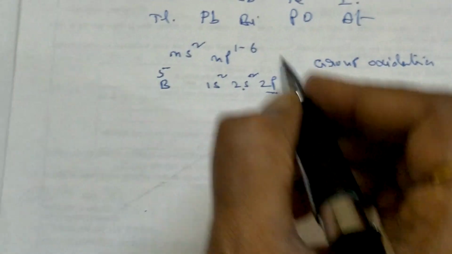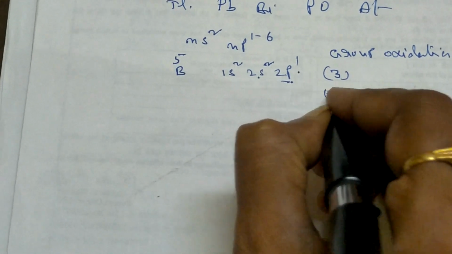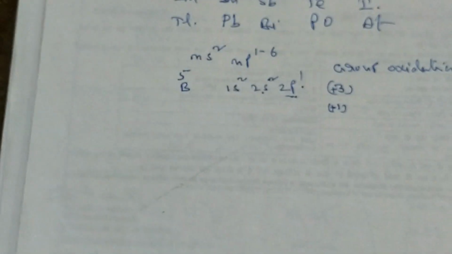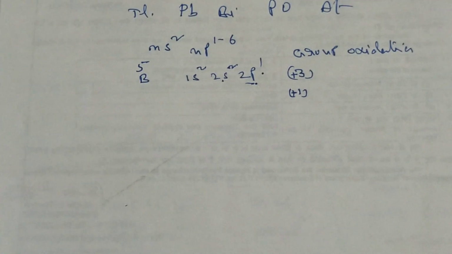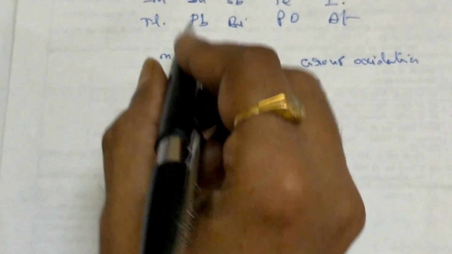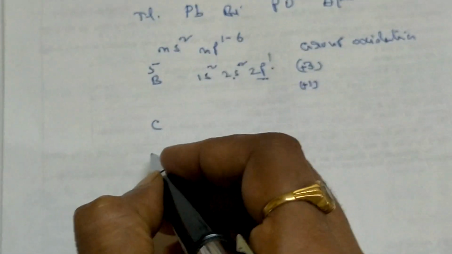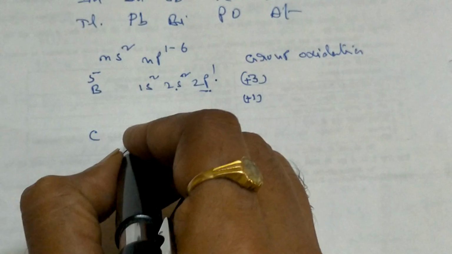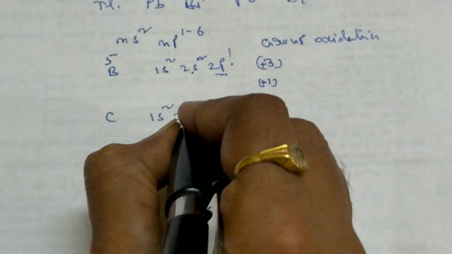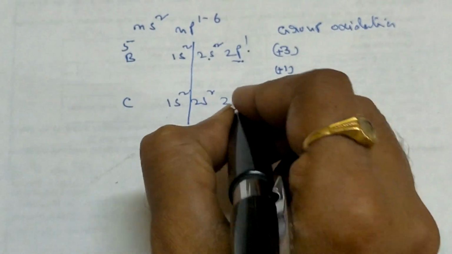But sometimes it gives +1 also. +3 is the group oxidation state, and +1 also sometimes it will show. That is in the third group. If you see the carbon group, that is group 14, it is 1s2, 2s2, 2p2.